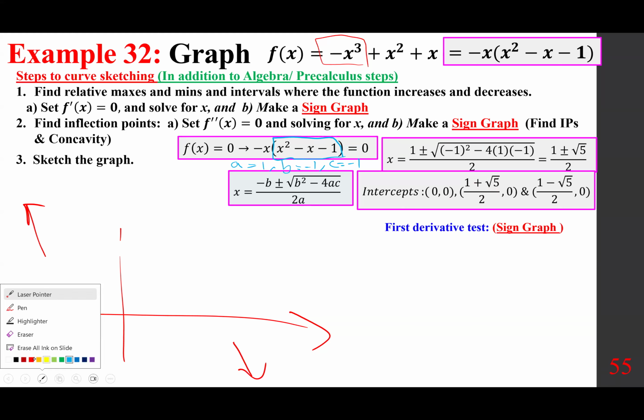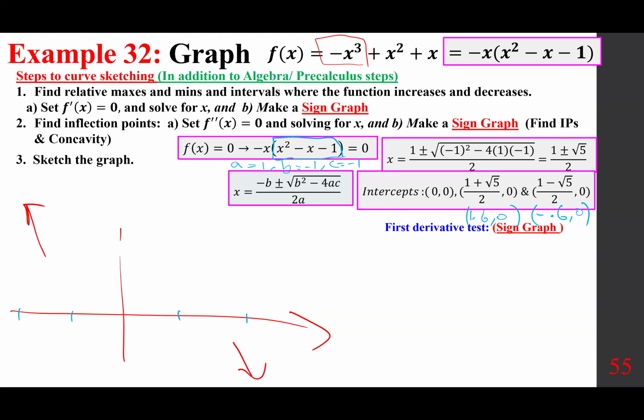This becomes, again, for the sake of graph, roughly 1.6 or 1.620. This one becomes negative 0.60. This is for the sake of graphing. So this is 1, this is 2.